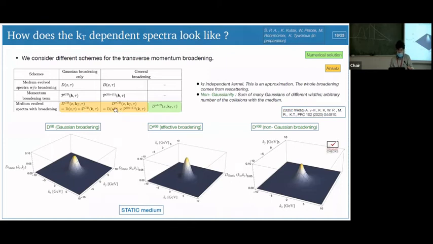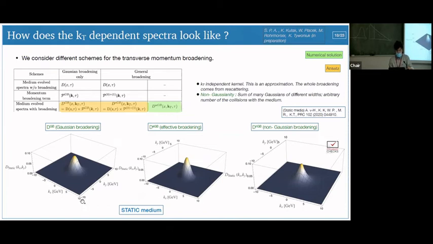Next is the effective broadening, when you take the molar expansion term as the broadening factor. And then we also solve the whole equation numerically, which we call non-Gaussian broadening, where it comes from the sum of different Gaussians of different widths in the initial conditions, which ultimately contributes to the total spectra.